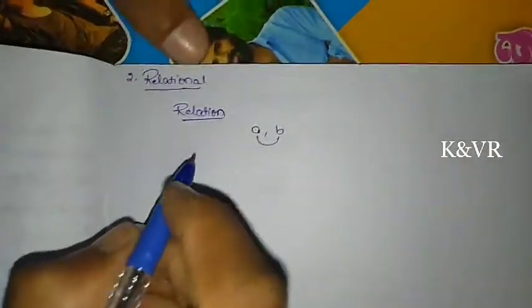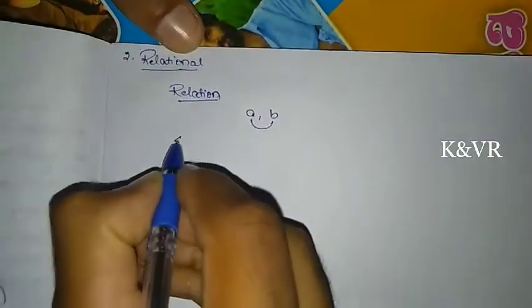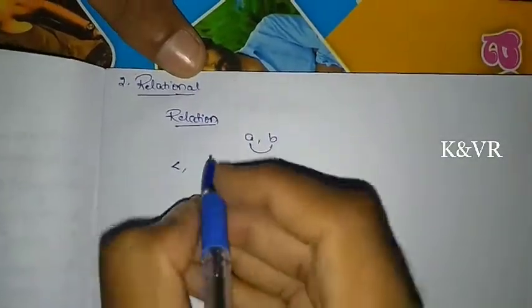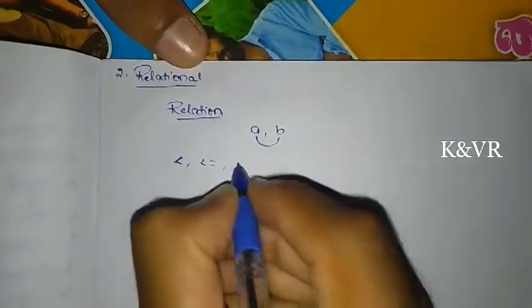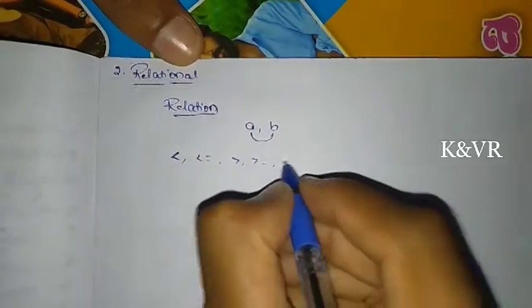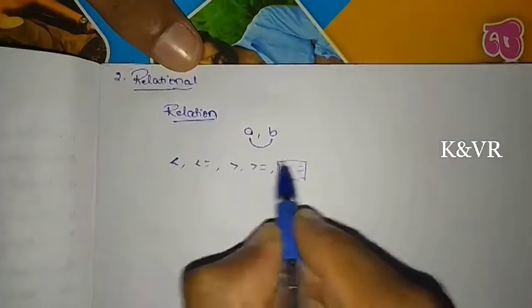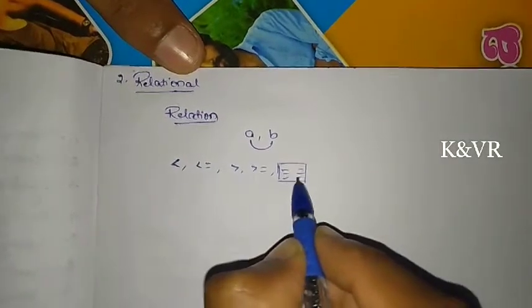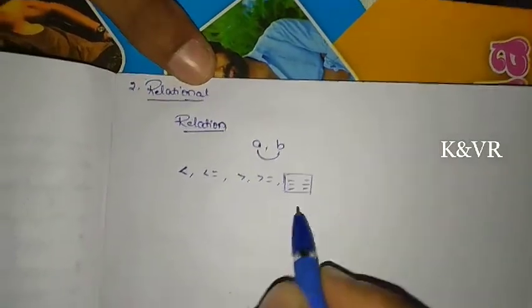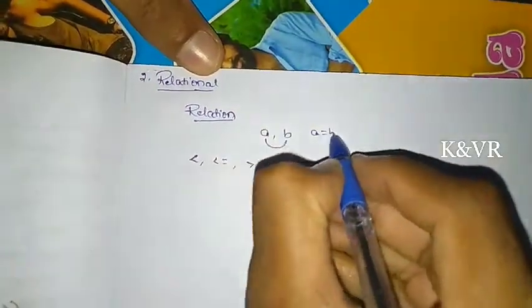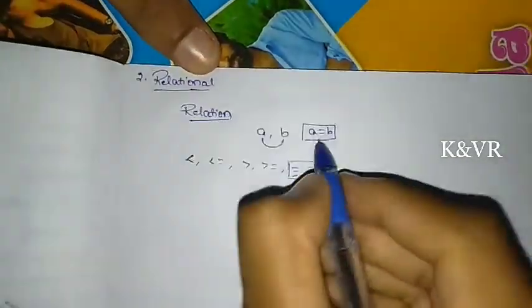These are the relations. We have different operators like less than, which we know very well, less than or equal to, greater than or equal to. When it comes to equal to, in C if we write double equal to, it is A equal to B as in normal maths.